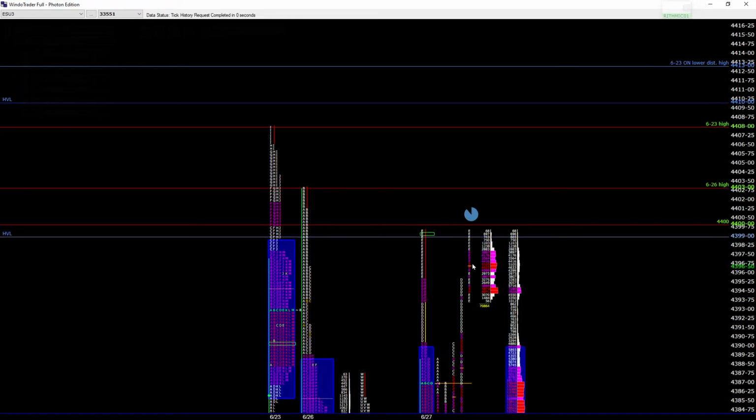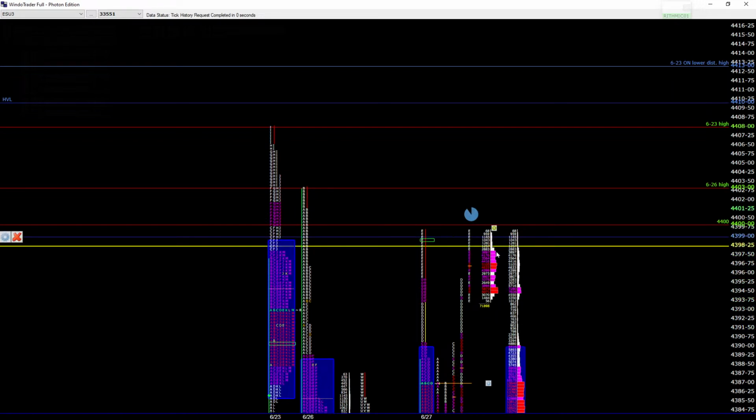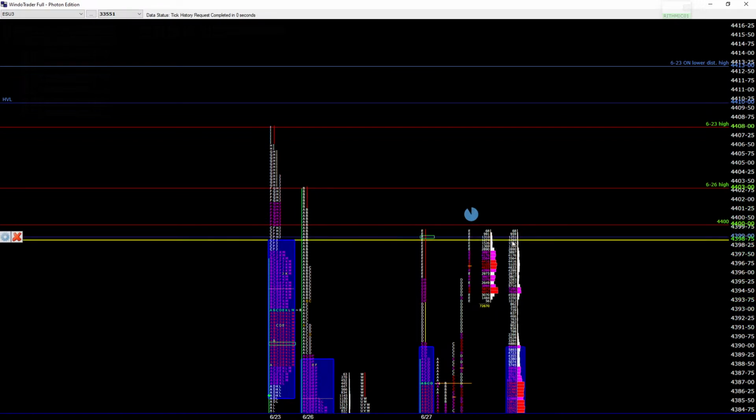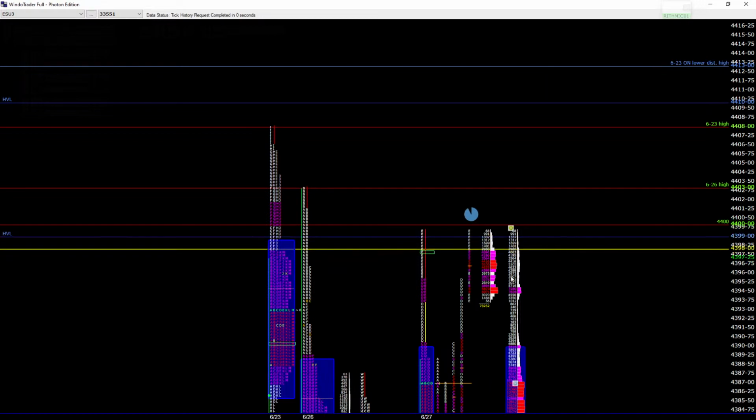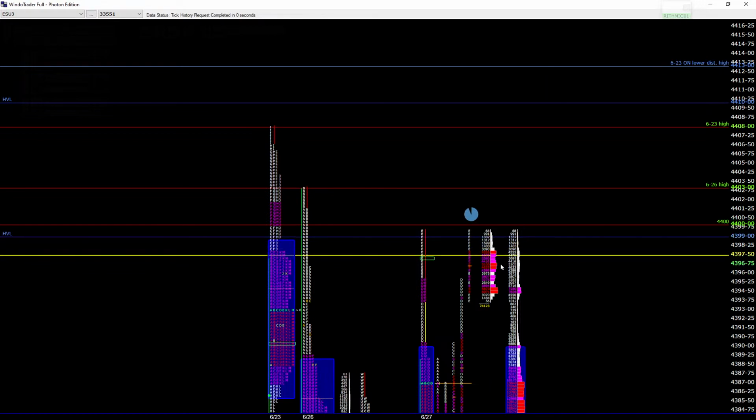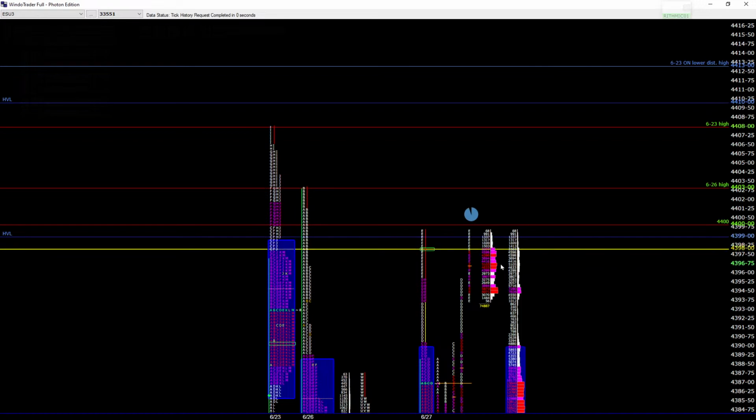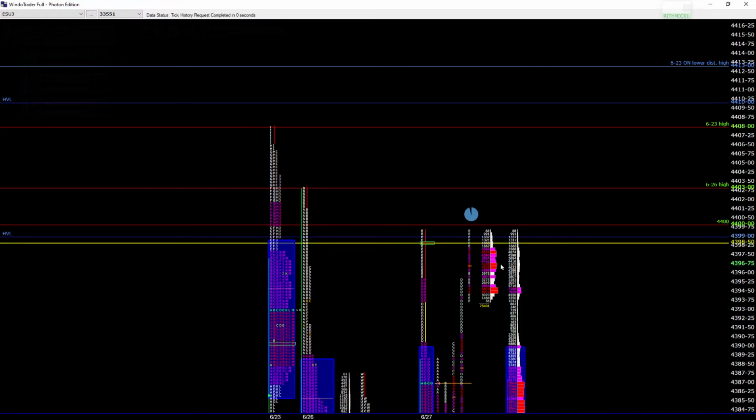I would expect some selling coming from 4400 here, some rebalancing of inventory. The first time is usually sold, and then after that, nobody knows.